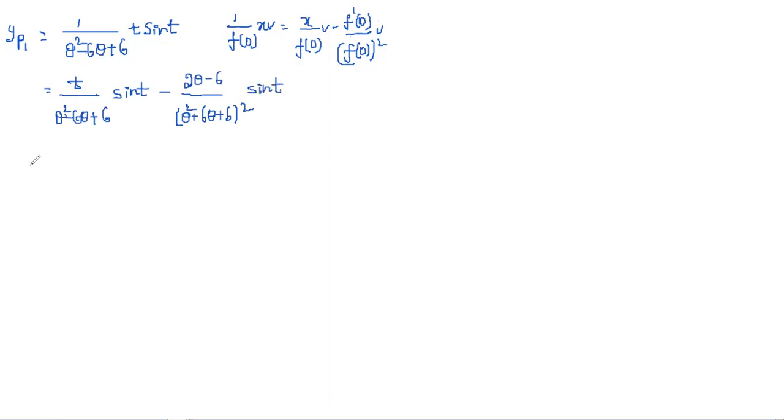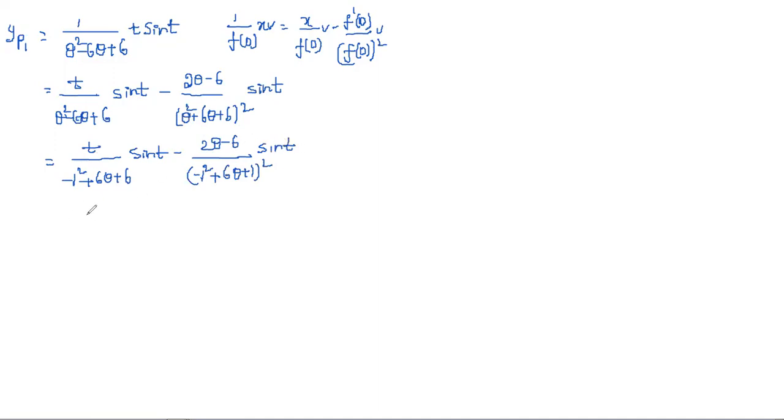So this is equal to t by. Now we already know the second method, what we need to substitute in place of this: theta square as minus 1 square. Why? Because here the coefficient is 1. So minus 1 square minus 6 theta plus 6 into sine t minus 2 theta minus 6 by, and this is also the same thing. Here you can substitute in place of theta square as minus 1 square minus 6 theta plus 6 whole square into sine t.